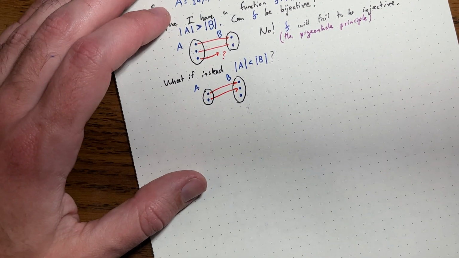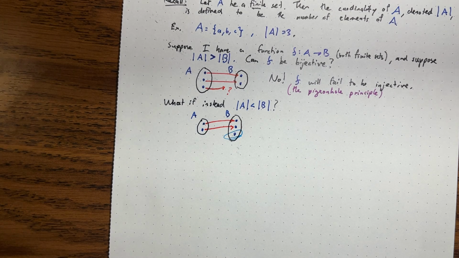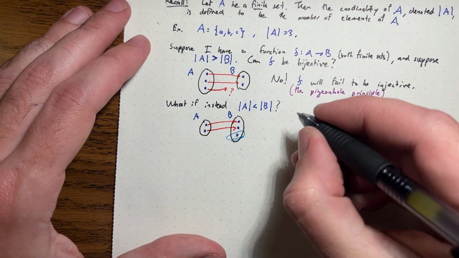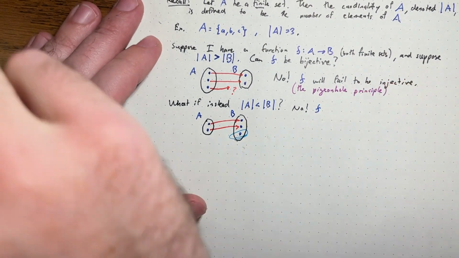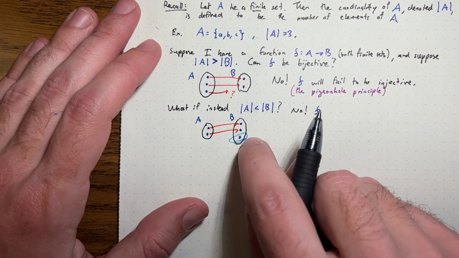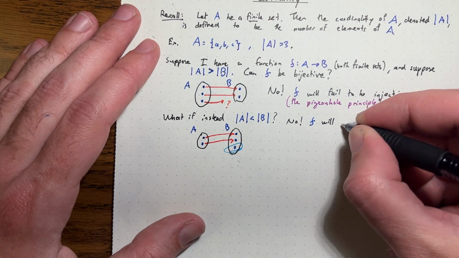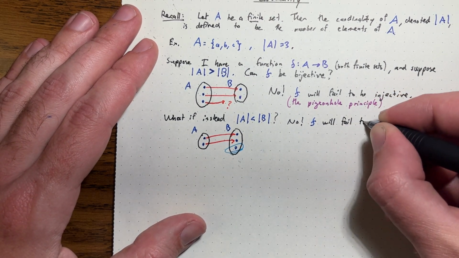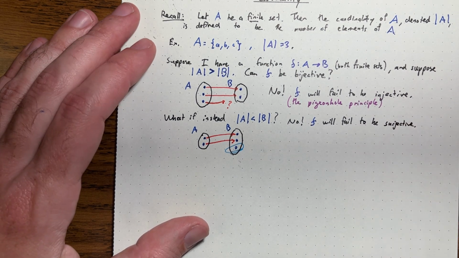What goes to this one? Well, it appears nothing can go there. So again, you cannot have a bijection. In this case, what's the problem? There are sort of too many elements of B. There will be at least one element that's missed entirely. So in other words, f will fail to be surjective.